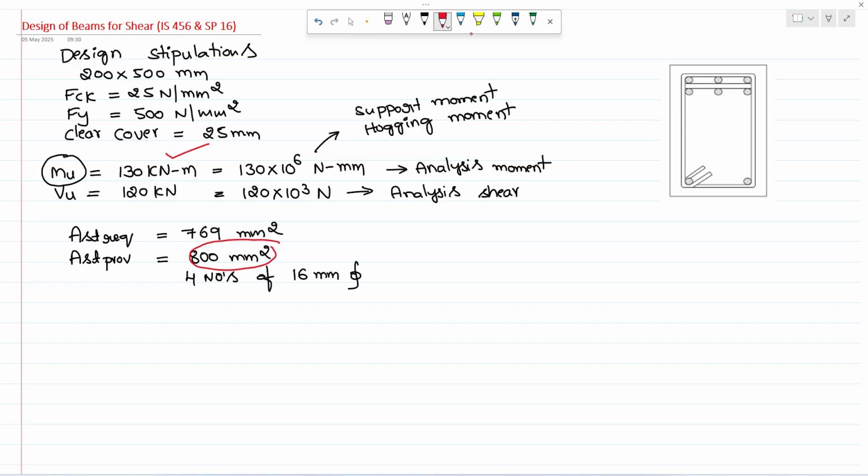So my width of the beam is 200 millimeter.